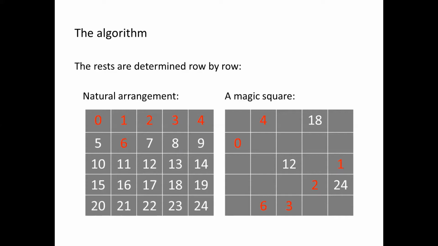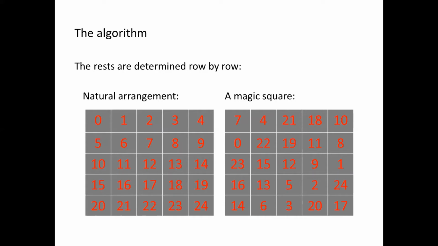Then we start from 6, follow the exact same pattern to place 7, 8, 9, back to 5. For the 3rd row, we start with 12, and then 13, 14, back to 10, and 11. And then we do the similar trick for the 4th row and the 5th row, and the magic square is created.